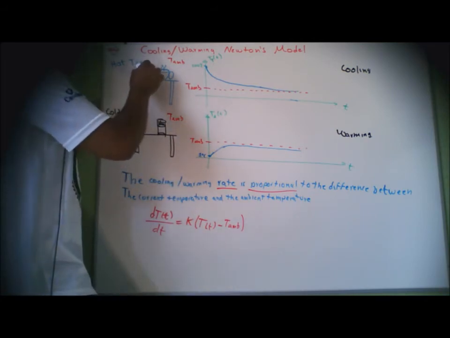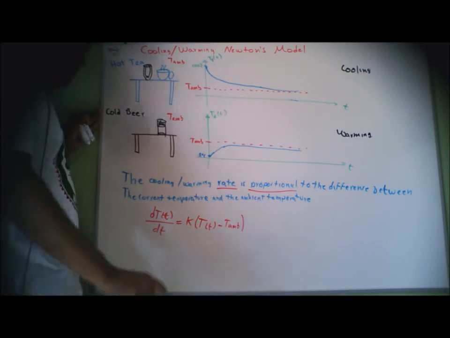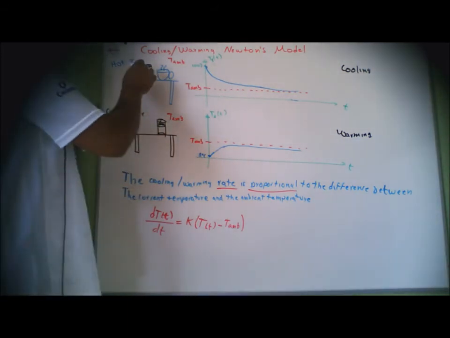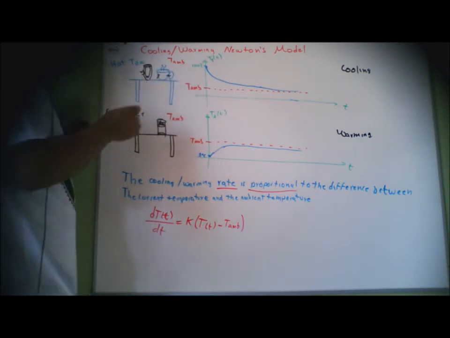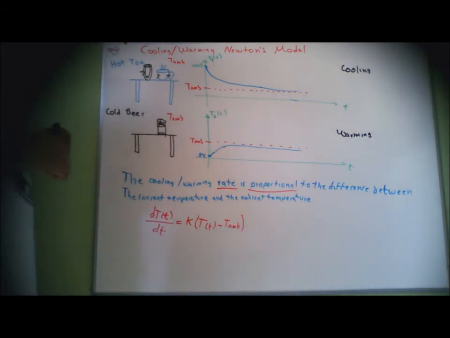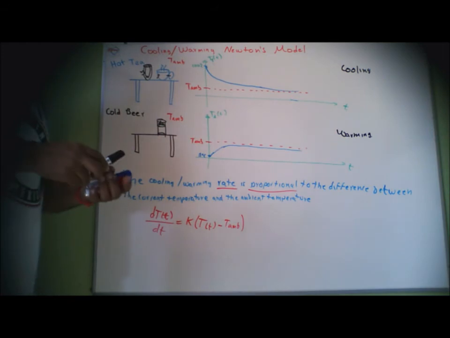Well, the material here is different. So the heat transfer could be different depending on the material that is covering the liquids. The heat transfer rate could be different, and that is why the proportionality. Okay, because this is Newton's model, let's solve the differential equation.